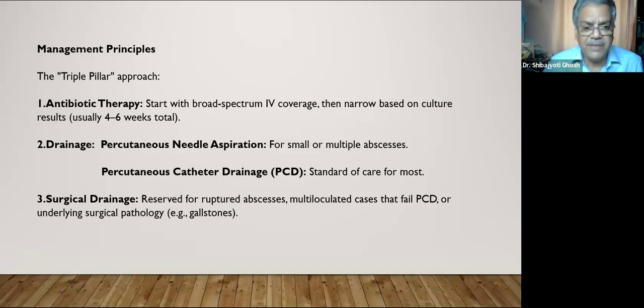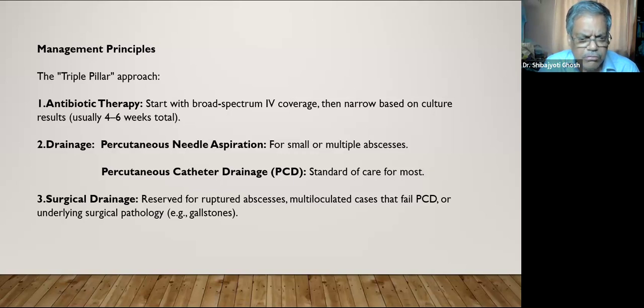However, in some cases there is a large abscess, particularly in patients who are diabetic or have other immunosuppression, or very neglected cases, alcoholic patients. In such situations, US guided percutaneous catheter drainage is very useful and minimally invasive.